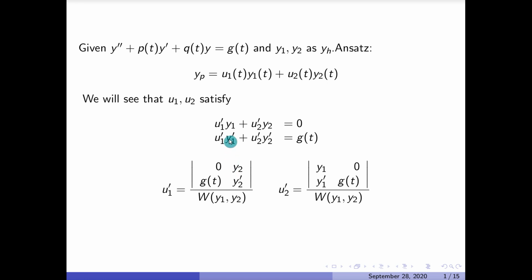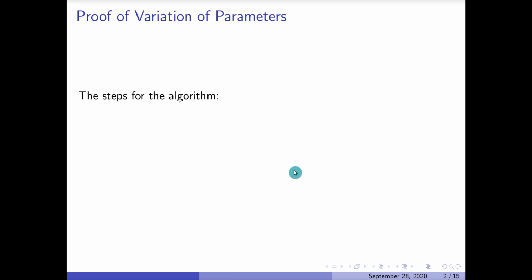When you use Cramer's rule, the denominators are going to be Wronskians, the Wronskian of y1 and y2. When you compute the determinant, this is going to be minus y2 times g of t, and this one's going to be positive y1 times g of t. This technique is called variation of parameters.